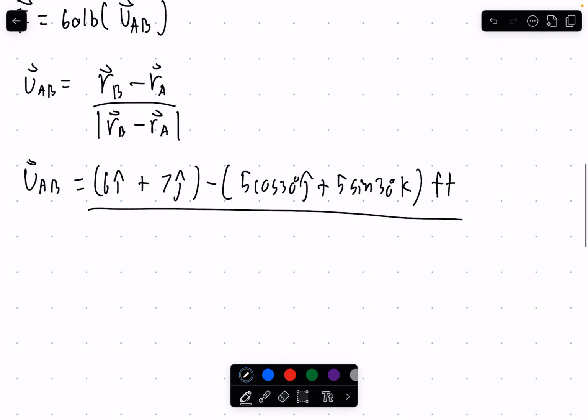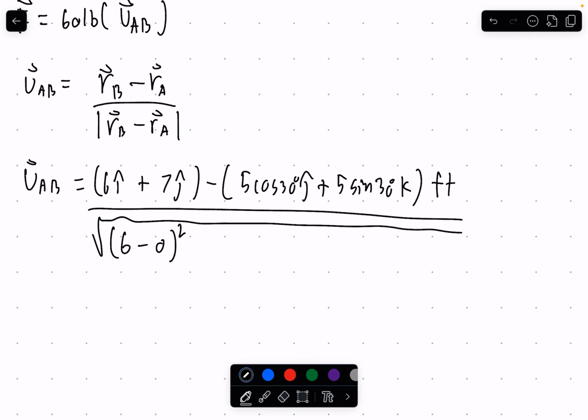Okay, we're supposed to divide it by the magnitude of that. So we'll be using the Pythagorean theorem here, a big square root, and we're simply finding the magnitude in all directions. So we add up the i components, I should say subtract, because basically we're doing the vector subtraction here, and then we square the components to find the total magnitude.